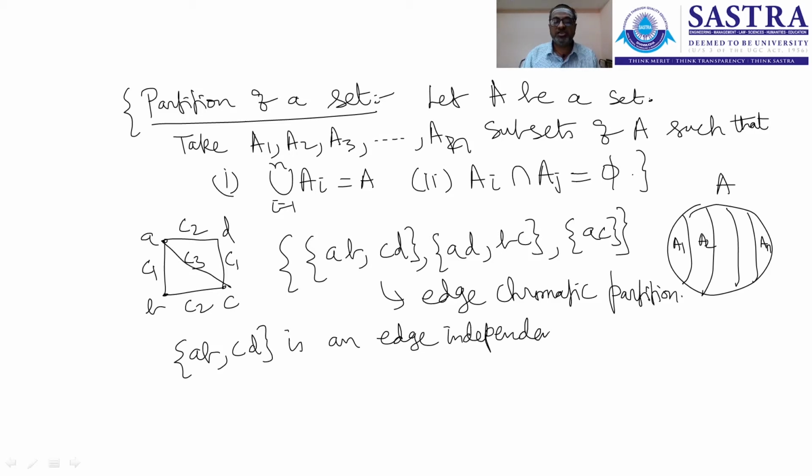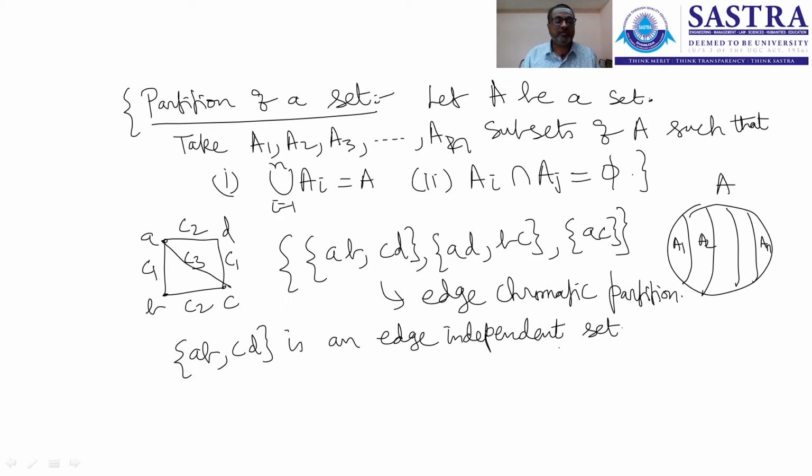The edges AB and CD are not adjacent. You can see that AB and CD do not have a vertex in common. So it is also called an edge independent set. So this edge coloring gives a partition of the edge set, which is the edge chromatic partition.